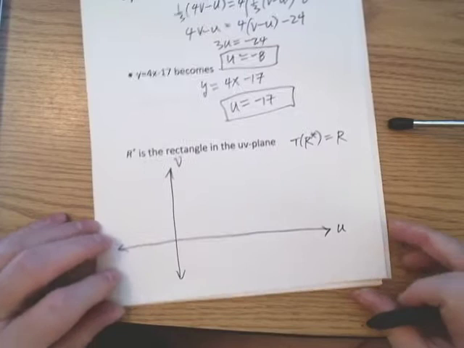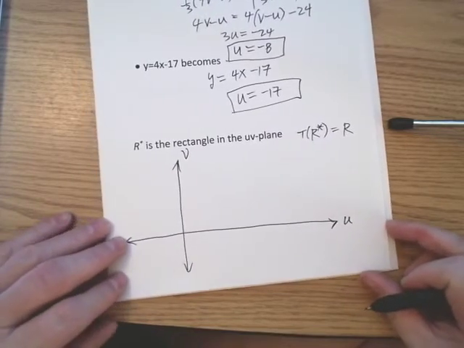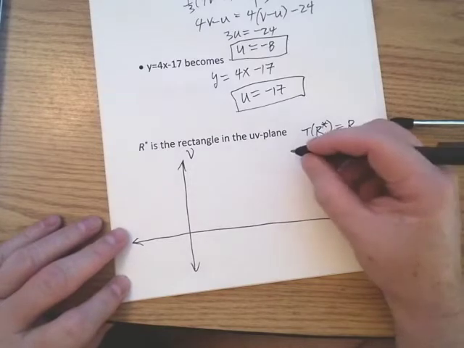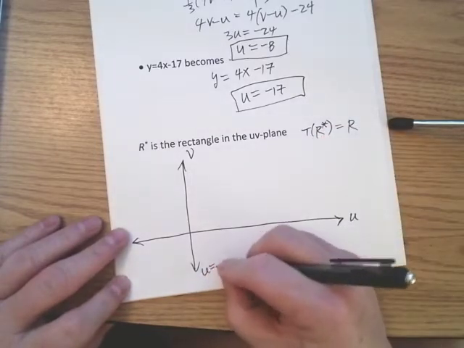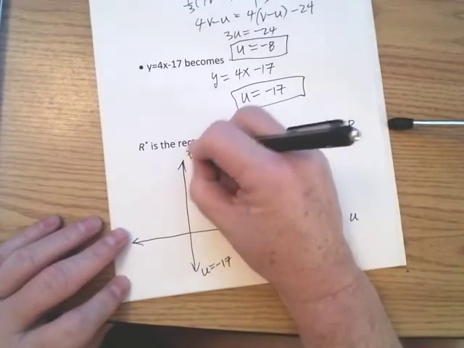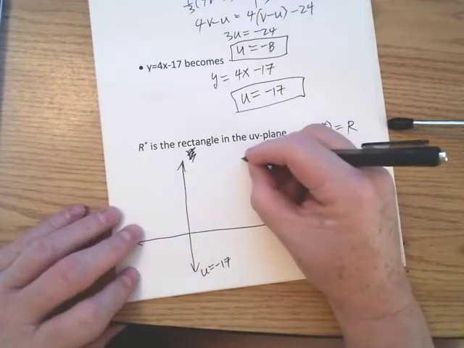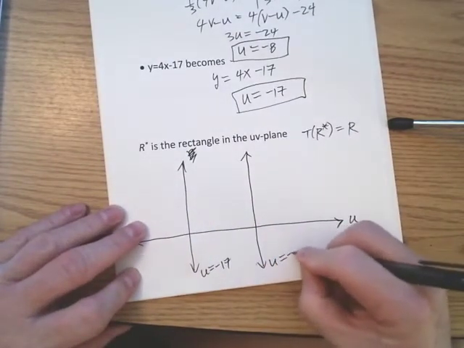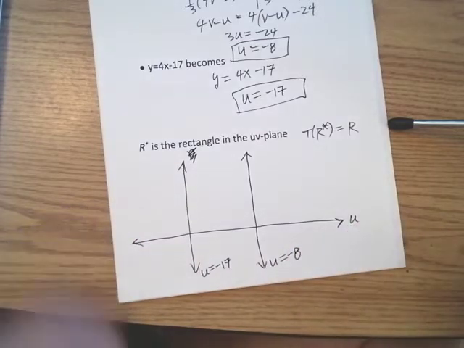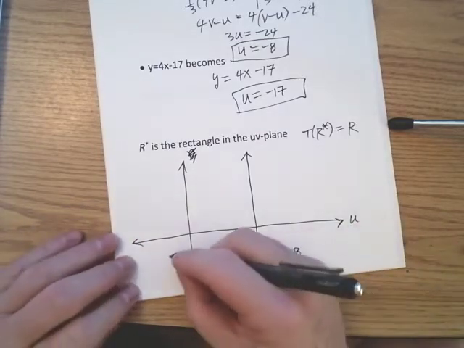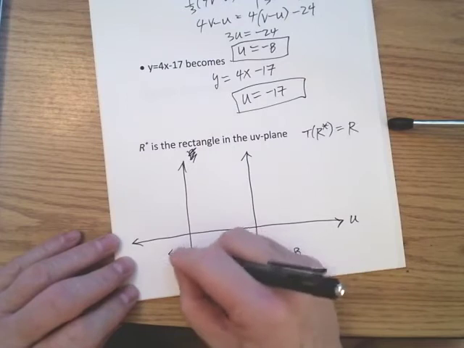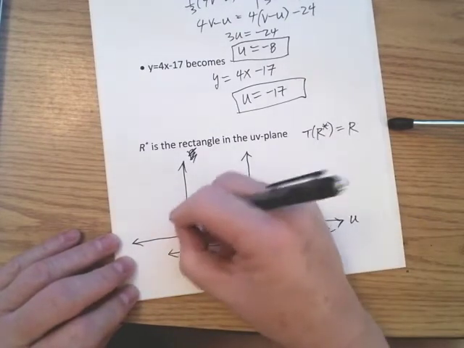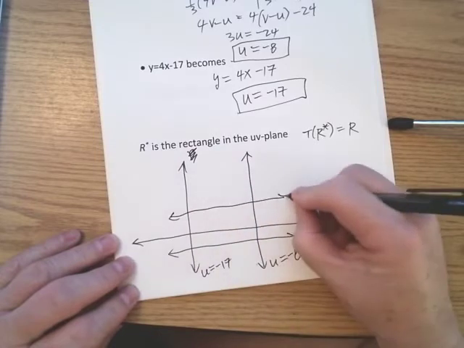We've got u equals negative 17, u equals negative 8, u equals negative 2, and say u equals 1.